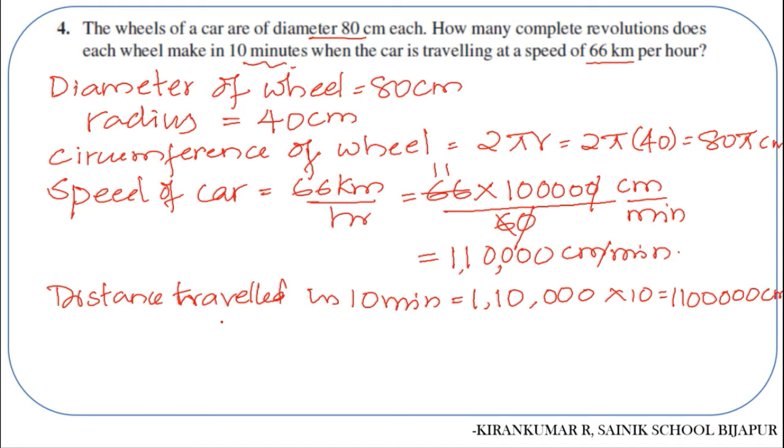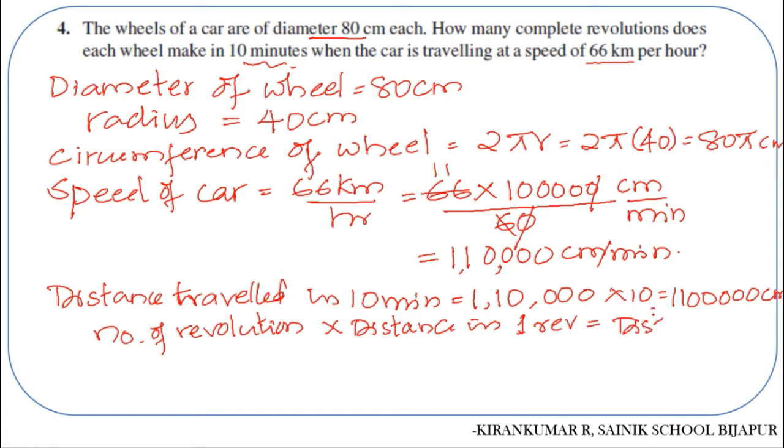Let the wheel make n revolutions in 10 minutes. Therefore, n times the distance traveled in one revolution will be equal to the distance traveled in 10 minutes.